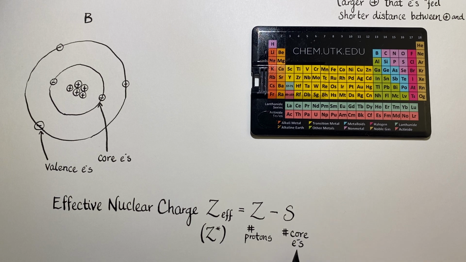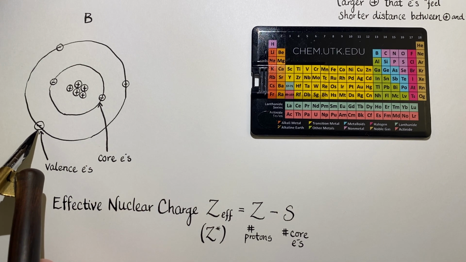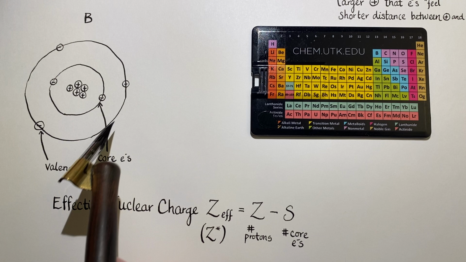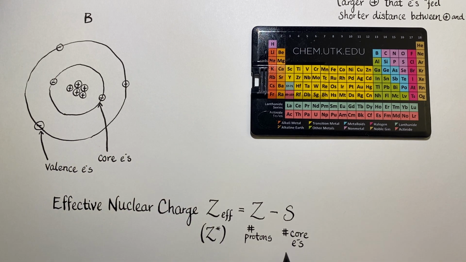You can do some more detailed calculations by actually distinguishing between different core electrons. You can also look at the effect of different valence electrons shielding each other a little bit, and you can get into fractions and all of that.